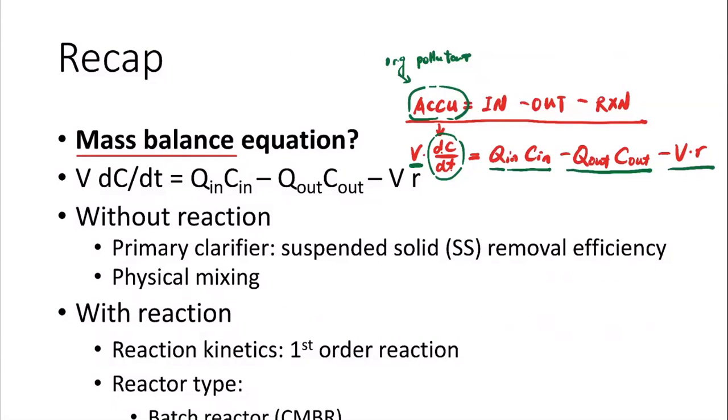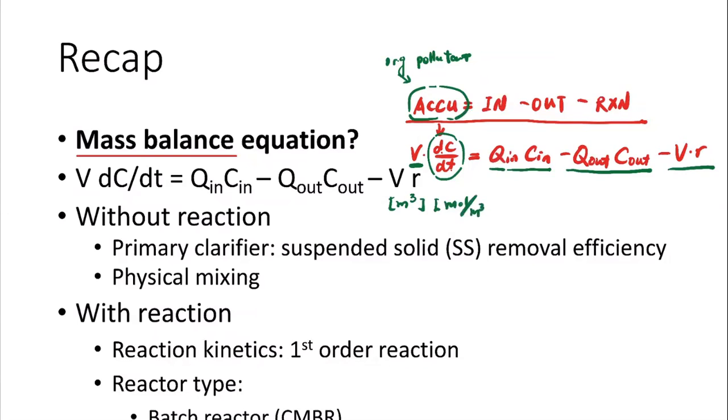So why do we list it in this way? First, we can check whether the units are conserved on the left-hand side and right-hand side. If you check their units one by one, for the accumulation term, we know that volume has the unit of meters cubed, right? And then the concentration has the unit of mole per meter cubed.